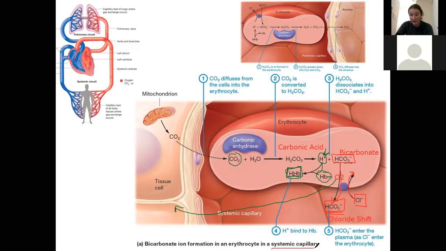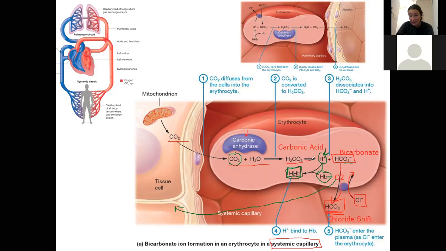within the systemic circulation. So within the tissues that are really active, CO2 is produced by the cells, enters into our red blood cells. Carbonic anhydrase is going to form carbonic acid by joining together carbon dioxide and water.